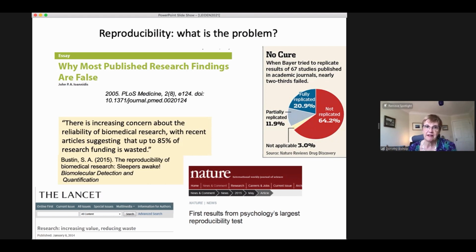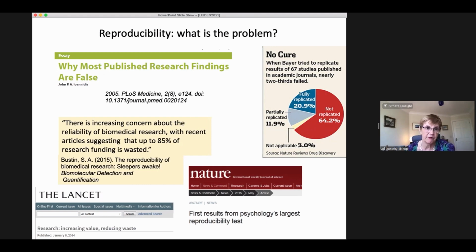And there was a little piece published reporting that Bayer had tried to build their drug development on a number of studies from university research, which had actually not replicated. So they were hoping to develop and take things further, but they couldn't get past the first result in a high proportion of cases. And this seemed rather shocking, given that these were papers coming out of university departments that seemed to be publishable and give strong results.